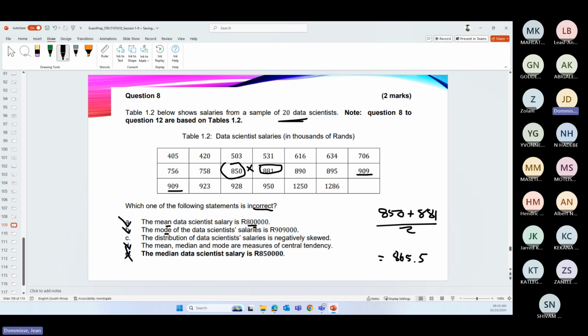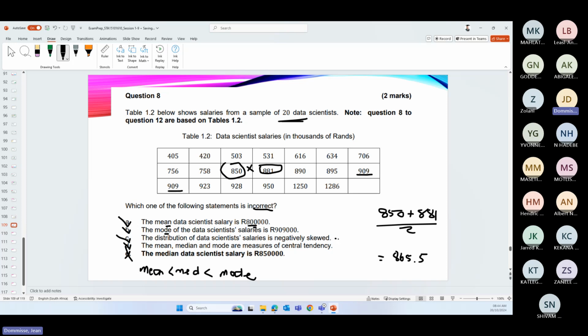Now you can see the mean is smaller than the median, and the median is smaller than the mode. If you go to that page on left skewed, positive skewed, negatively skewed, right skewed, that whole page, you will see that the distribution is also negatively skewed because the mean is smaller than the median, and the median is smaller than the mode.